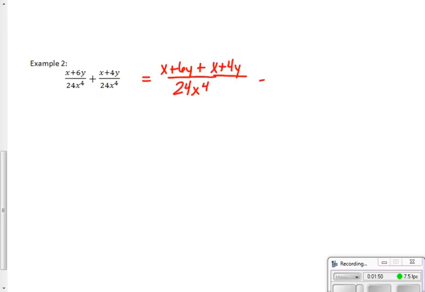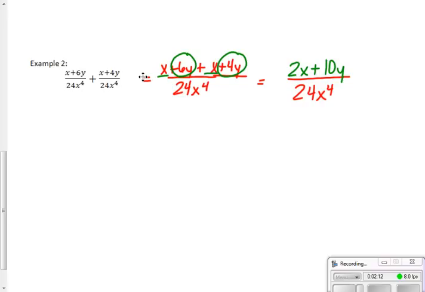Well, we can go ahead and simplify this a bit more. You can combine some like terms in our numerator here. So our denominator will stay the same. Combine your like terms. You have a positive x and a positive x. You would get 2x, a positive 6y, and a positive 4y. That would be a positive 10y.